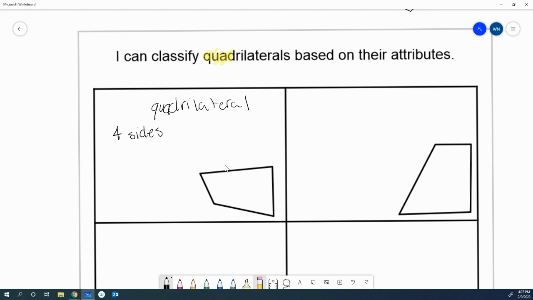Let's move on to this next one here. We're going to draw a line there and a line here. Now these lines with those little arrows like that, that means that those 2 lines are parallel. Remember, the word parallel means that if they were to go on forever, they would never intersect.